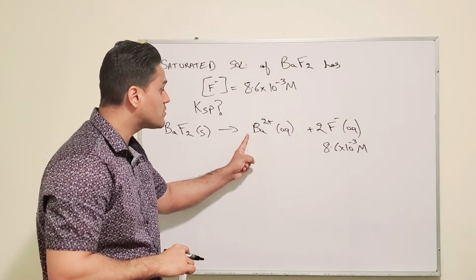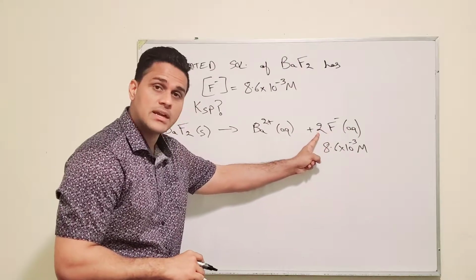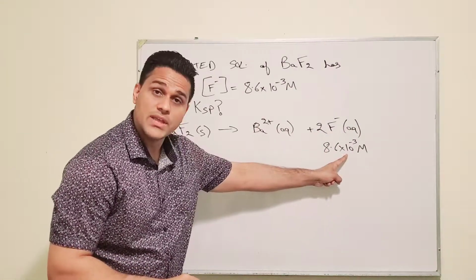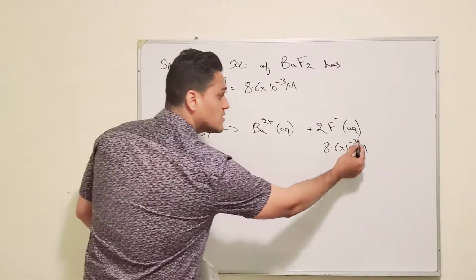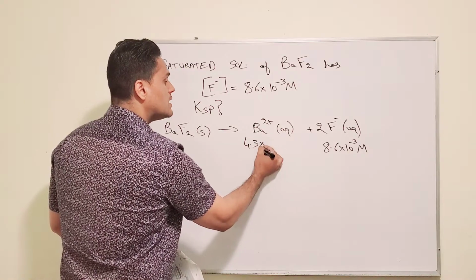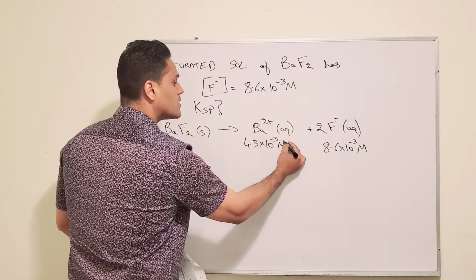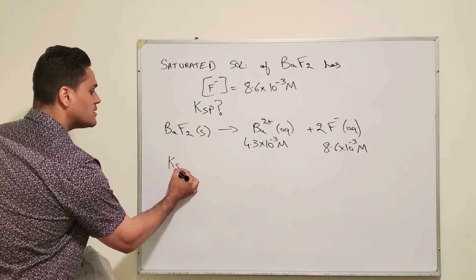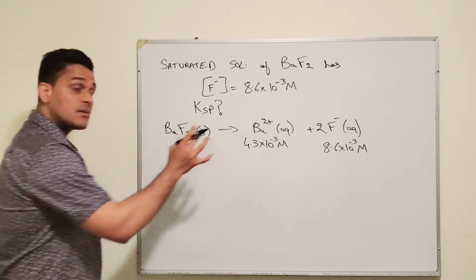There's 1 in front over here, and there's 2 in front over there. That means the concentration of Ba2 plus is just going to be half of that. So that's just going to be this number divided by 2, which will be 4.3 times 10 to the power minus 3 molar.